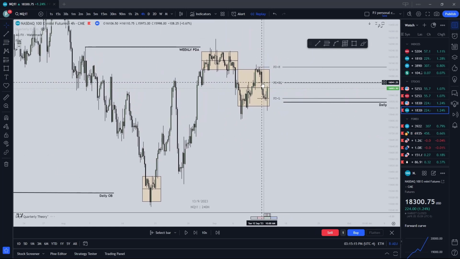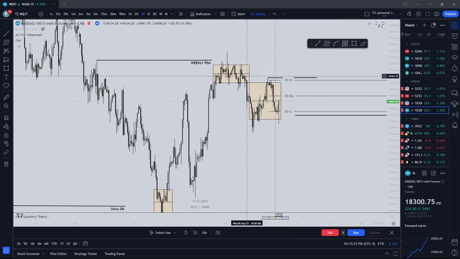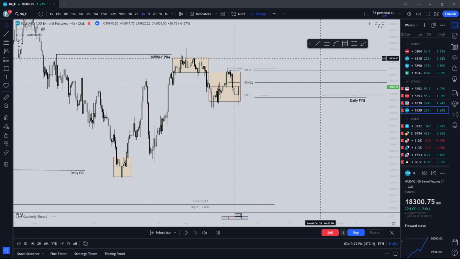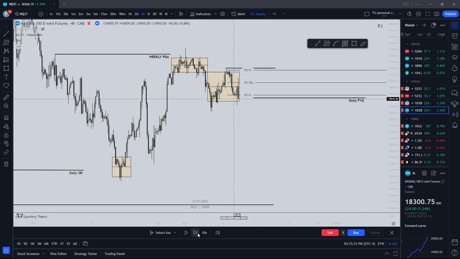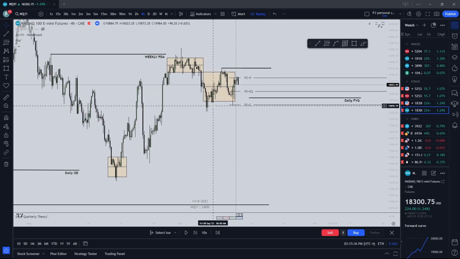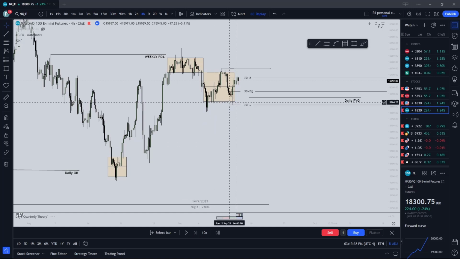We'd like to see either this fair value gap react and create us lower, because we've already responded to the order block, or we'd like to see a run on these sell stops, dig into the order block one more time, and continue us lower. Okay, so we chop around, sweep this candle low, close within.